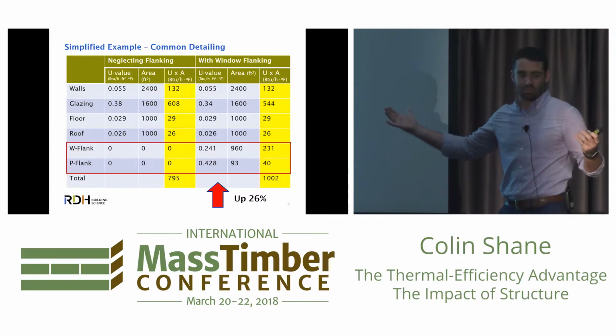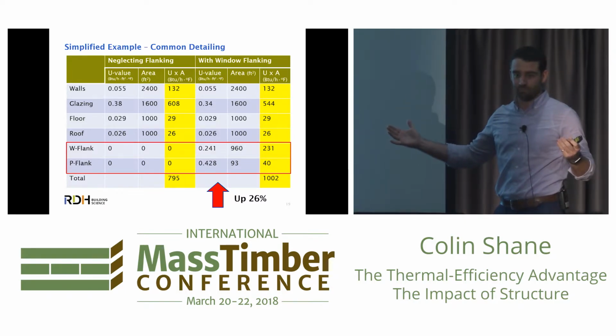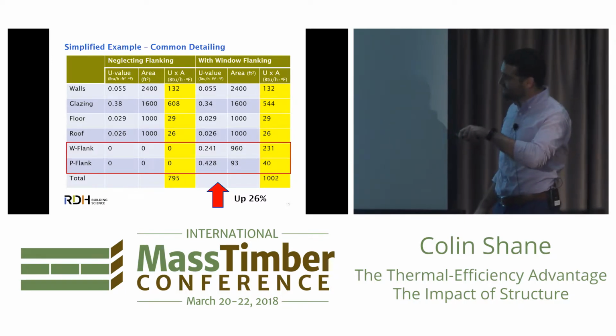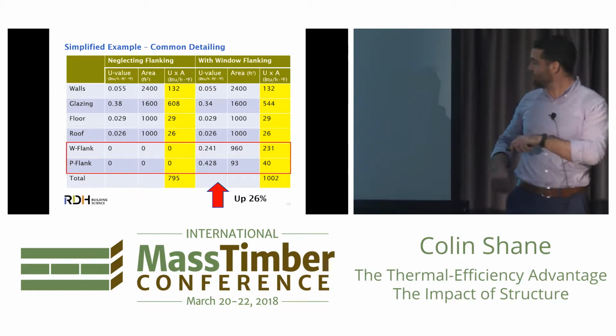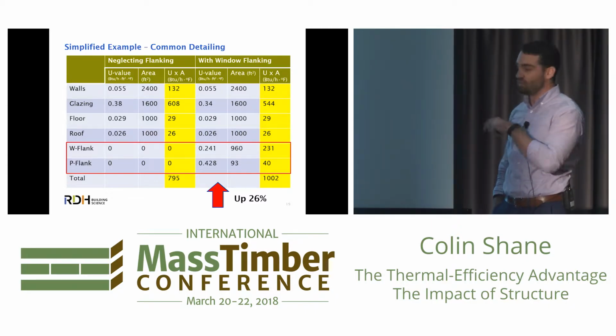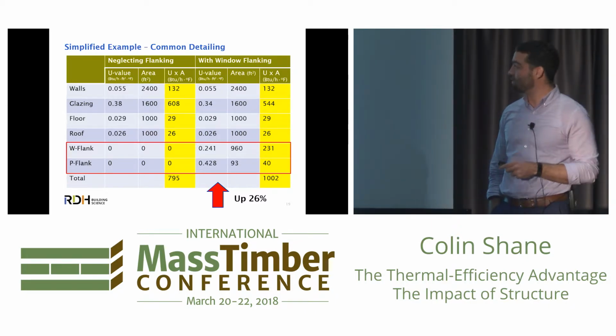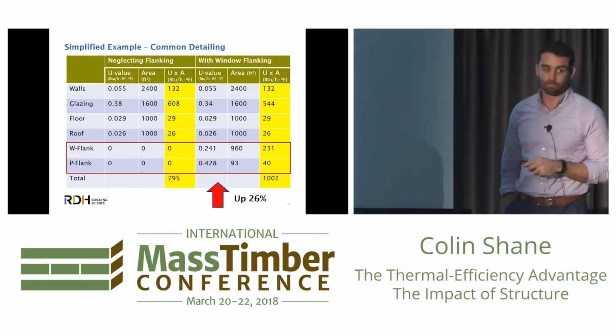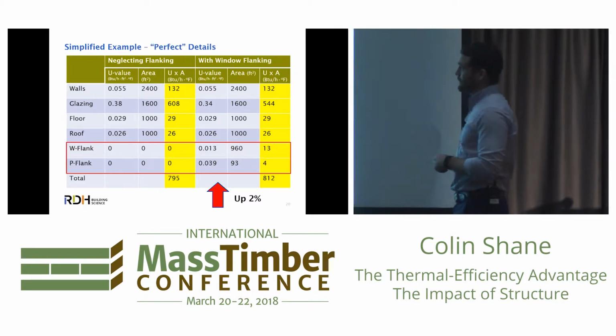How many other details exist on the building that we haven't thought about, right? You could lengthen this list pretty quickly, and you would realize that the details very quickly can add up. The heat loss through the window interface is more than the heat loss through the entire wall area that's 2,400 square feet. Okay? The details matter a lot.